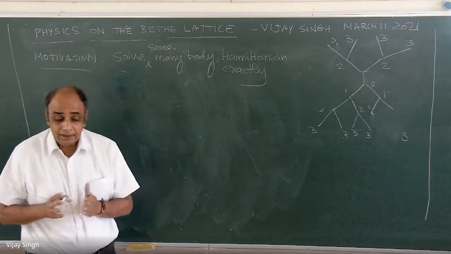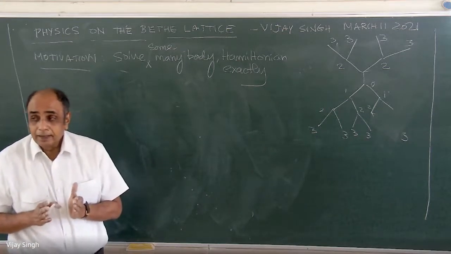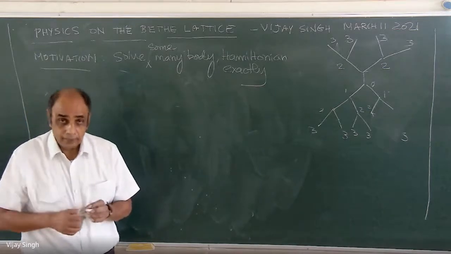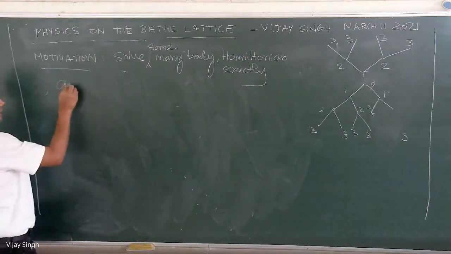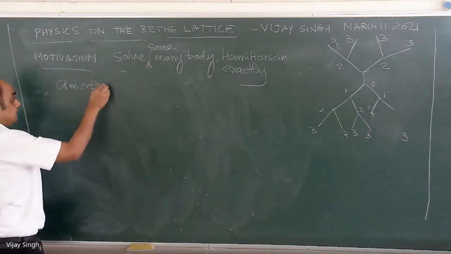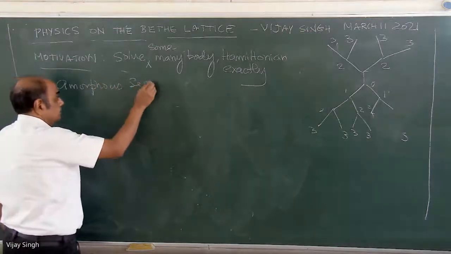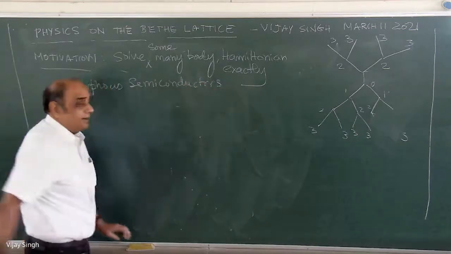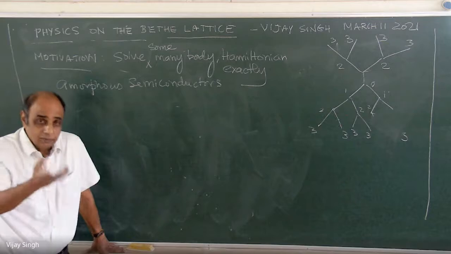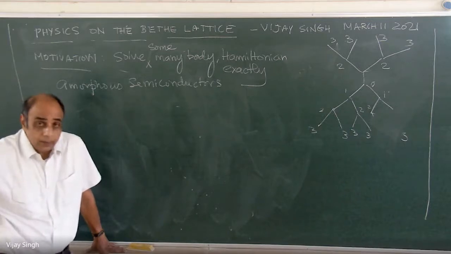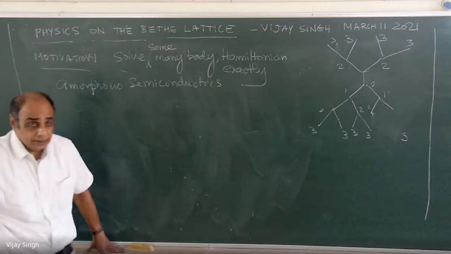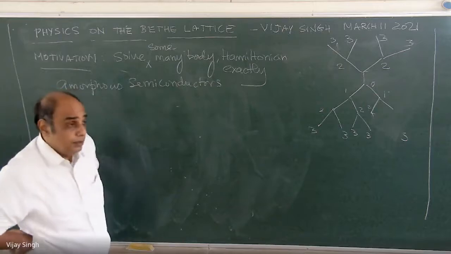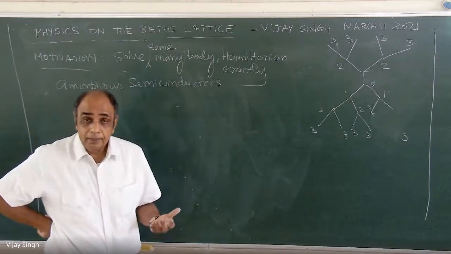It was important in the sense that it was for semiconductors. Amorphous semiconductors are disordered structures. Just as I said for liquids, there are amorphous semiconductors. They were discovered around 1969. They could be doped.